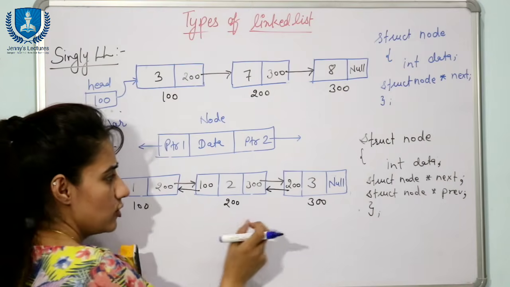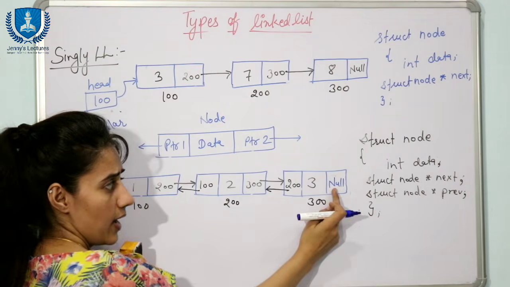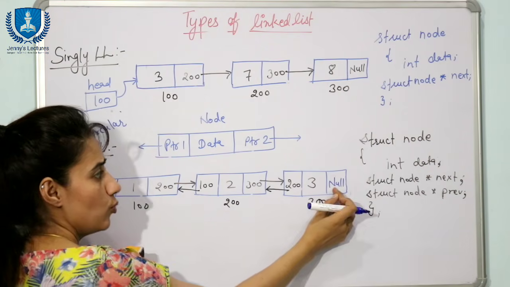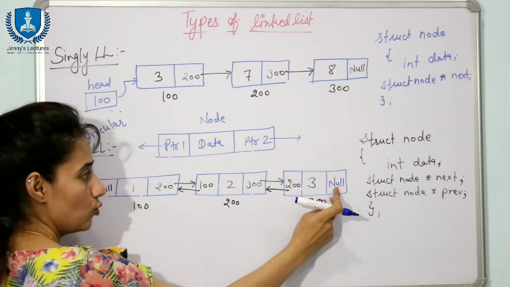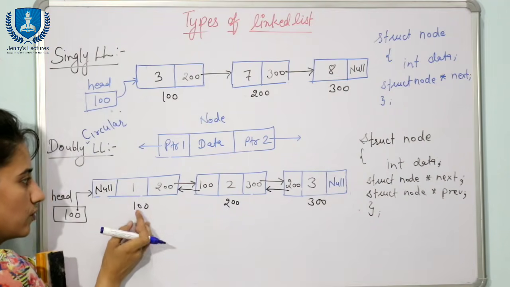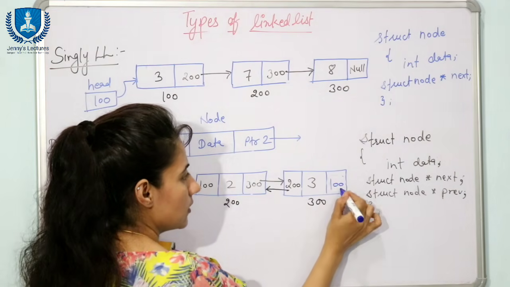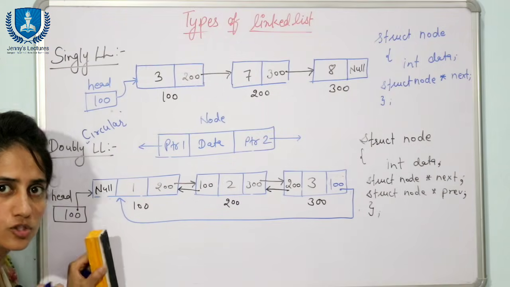Here we are going to discuss the doubly circular linked list. To make it a doubly circular linked list, see this is the next pointer of the last node. This node is going to point here. In this address, we are going to write the address of the first node, that is 100. It means the last node is going to point to the first node.